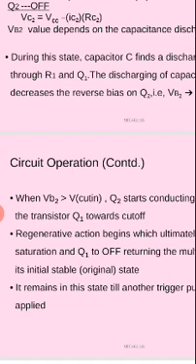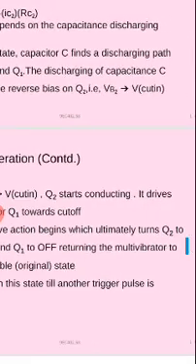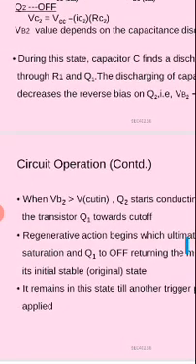When VB2 is greater than V cut in voltage, Q2 starts conducting. It drives the transistor Q1 towards cutoff.